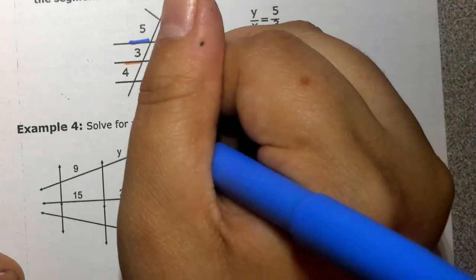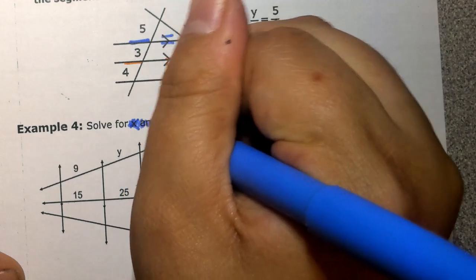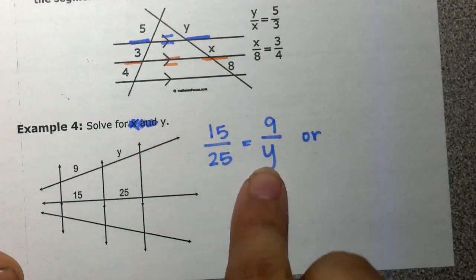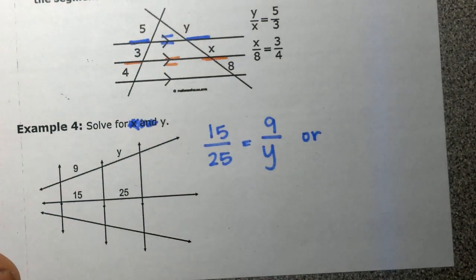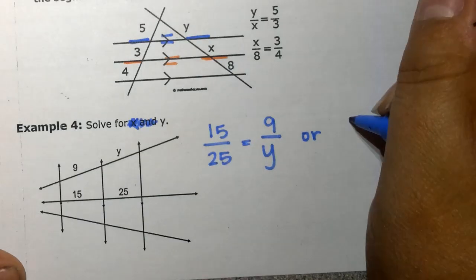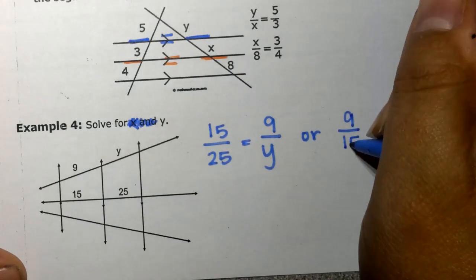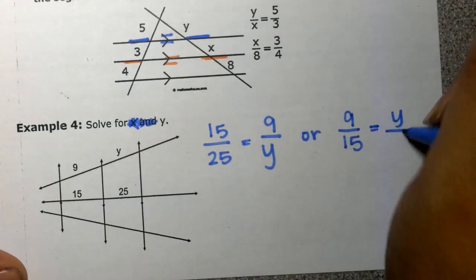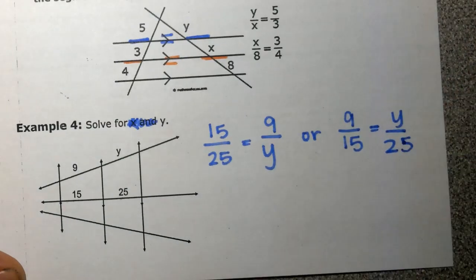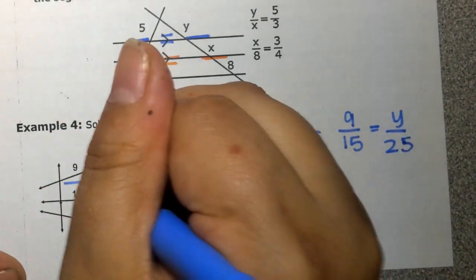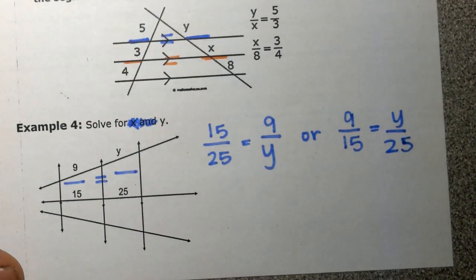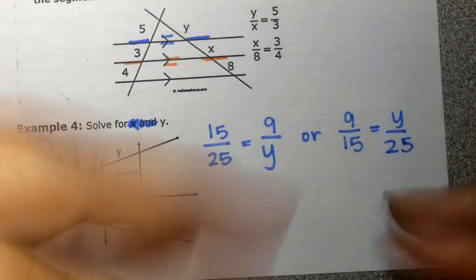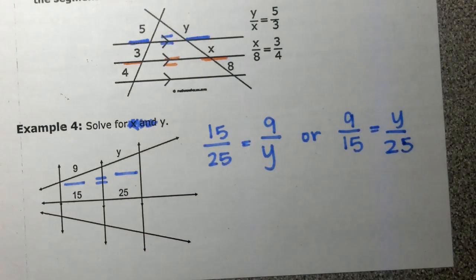Could I have set this up differently? You could have even done 9 over 15 is y over 25. You could just draw it right here like that. And then you could also flip both of these and it would work.